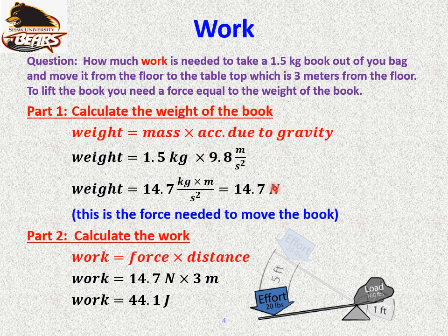Therefore your force does the work with the same force, 14.7 newtons. That's the force downwards, and this force is needed to move the book upward. Now we know the force, 14.7, and what's the distance? It's going up 3 meters. So 14.7 times 3 gives you 44 joules.